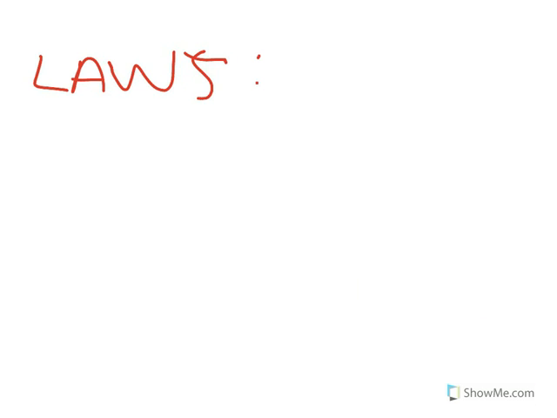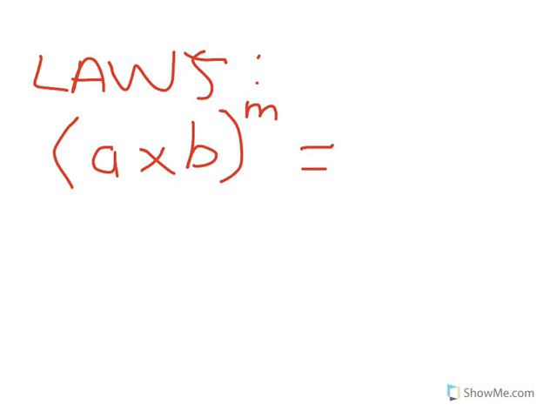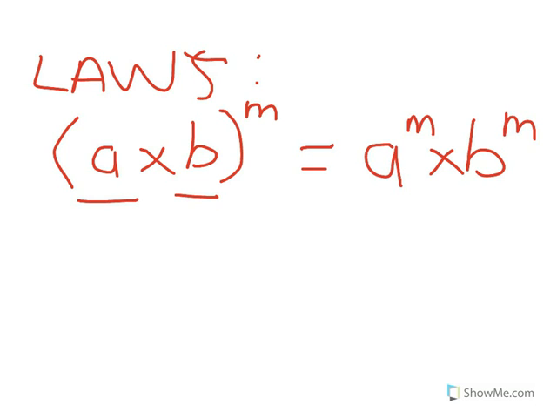Law 5 tells us that when we have a times b in brackets to the power of m, this is now going to equal a to the power of m times b to the power of m. Because the bases are different, this implies that we need to give the power of m to a and the power of m to b as well.